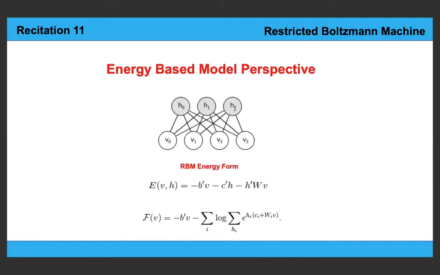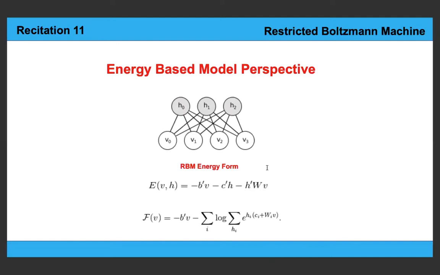First of all, with the restrictions of the RBMs, the hidden units like H0, H1, H2 are conditionally independent given the visible layer, and the energy function of the RBM is defined as this, which is the linear combination between the offsets b, c and the h, v vectors, and the multiplication between h, v with the matrix W, and W here means the weights connecting the hidden and visible units.